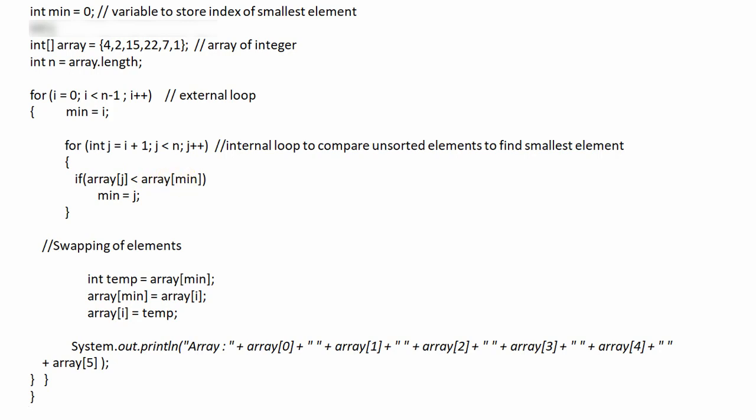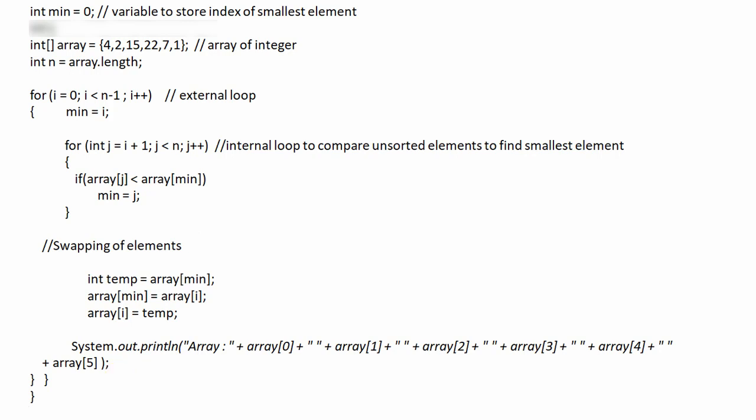Suppose we find any smaller element, that index will be stored here, and once we complete the for loop, the swapping will occur. So the found minimum element will be swapped with the very first element, which we had assumed to be the minimum element. The same loop will keep going on, and finally we will get our sorted array.